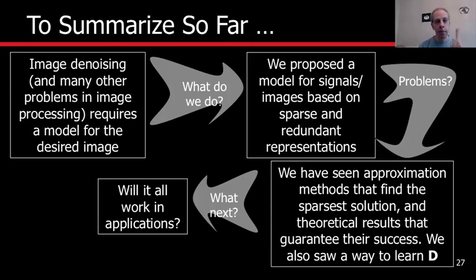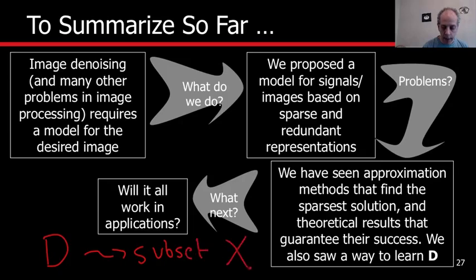Let me just pay attention to one point before we go into that in order to close this video about dictionary learning. Some people have basically decided that instead of training a dictionary, as we have just said, we're going to make the dictionary be a subset of X, of the data itself.